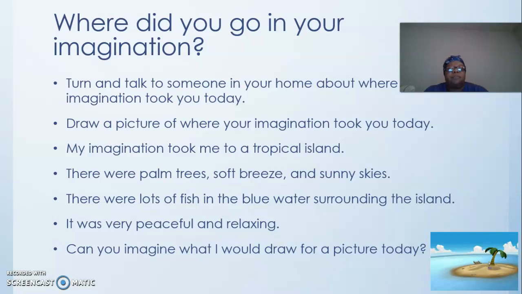There were lots of fish in the blue water surrounding the island. It was very peaceful and relaxing. Can you imagine what I would draw for a picture today? And here at the bottom I have a picture of an island with a palm tree, the sky, and the water around it. And so that's using my imagination of where I might go.